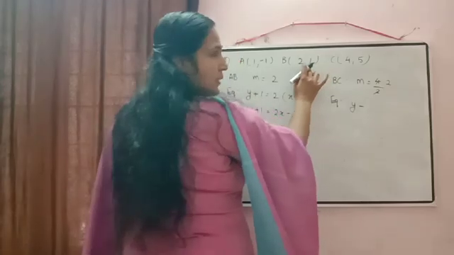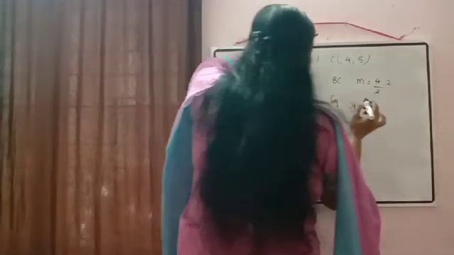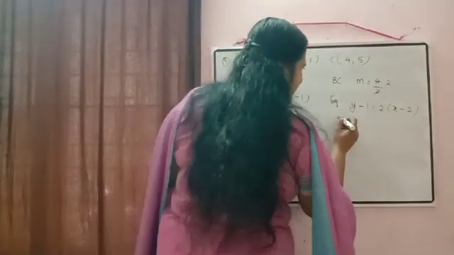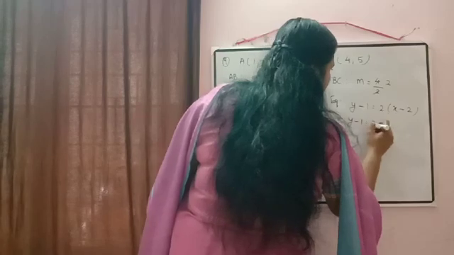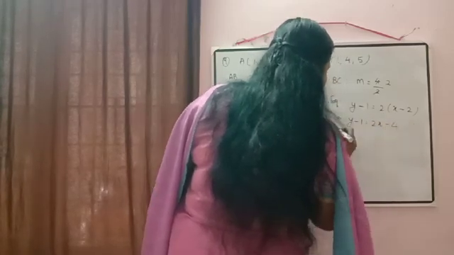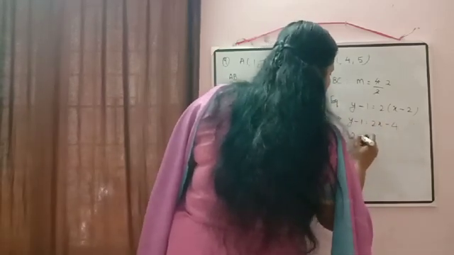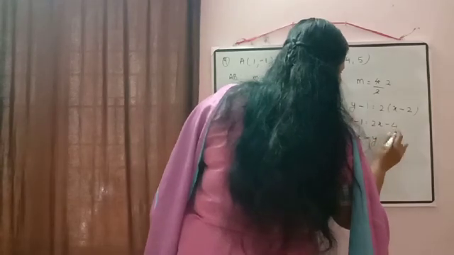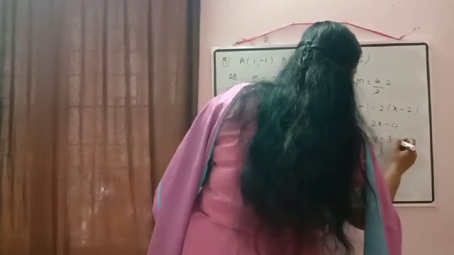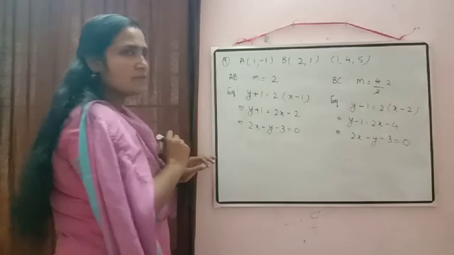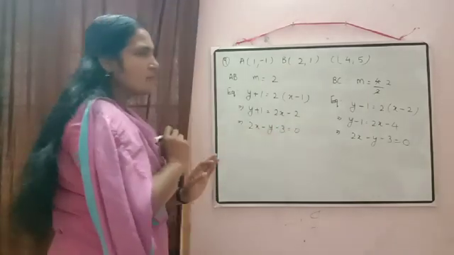We have taken this point, so don't change it. So y minus 1 is equal to 2 into x minus x1. Simplify it: y minus 1 is equal to 2x minus 4. Again shift all the expression to one side, then we will get 2x minus y minus 4 plus 1 minus... 3 is equal to 0. So the equation of BC is also the same.